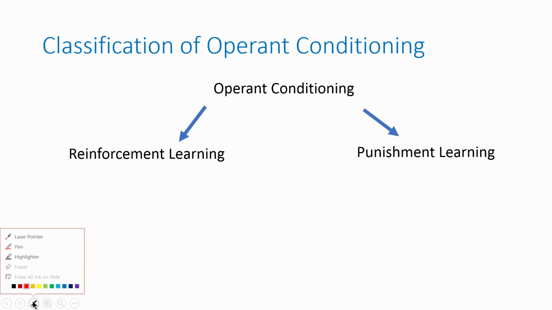Reinforcement learning is a part of a bigger class called operant conditioning, which we know is different from classical conditioning. The difference is you would have an outcome only and only if the animal responds to a stimulus. If the animal does not respond, then there is no possibility of an outcome.